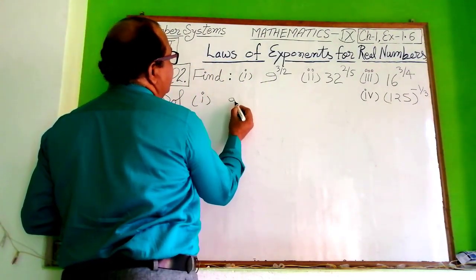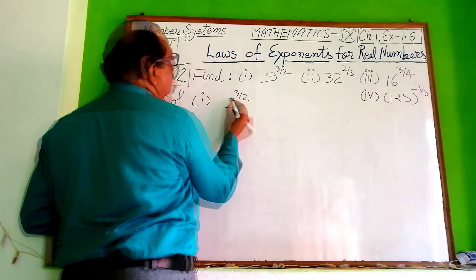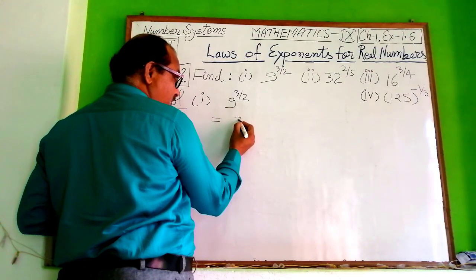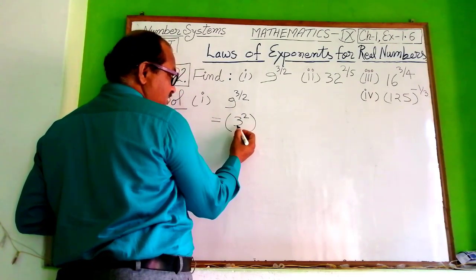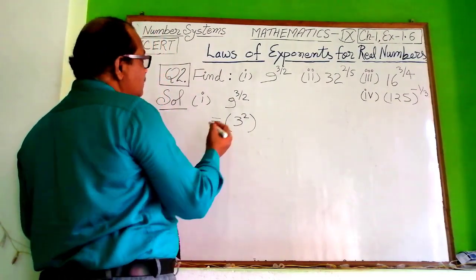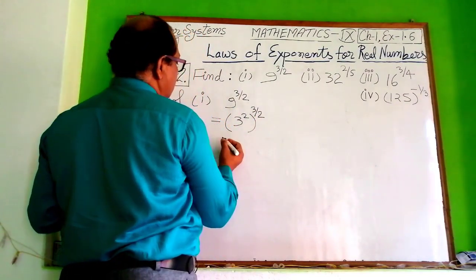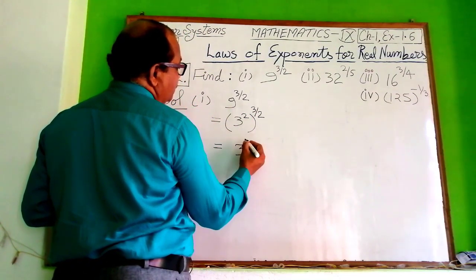The first part is asking you to find the value of 9 raised to the power 3 upon 2. You can write 9 in the form of an exponent. 9 can be written as 3 square, again raised to the power 3 upon 2. You can see power to the power is multiplied.